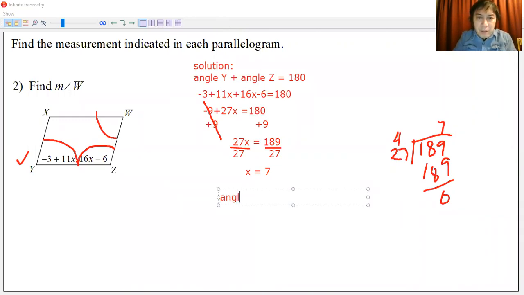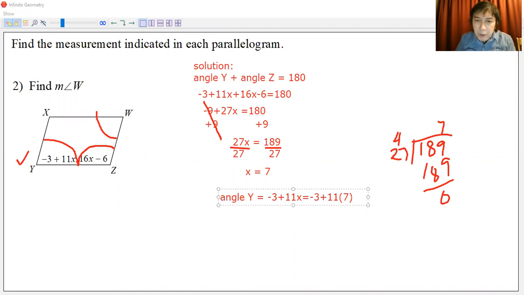So we have angle y measure. This must be equal to -3 plus 11x. And we will now use the x. So this is -3 plus 11 times the x, which is 7.